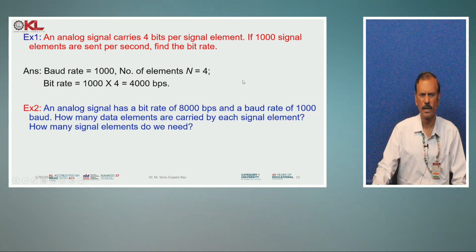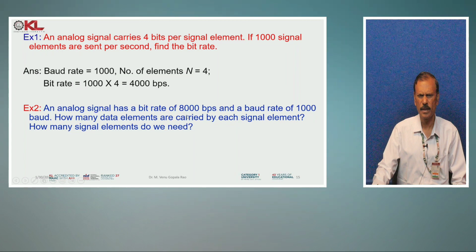Example 2: an analog signal has a bit rate of 8000 bits per second and a baud rate of 1000 baud. How many data elements are carried by each signal element? How many signal elements do we need?